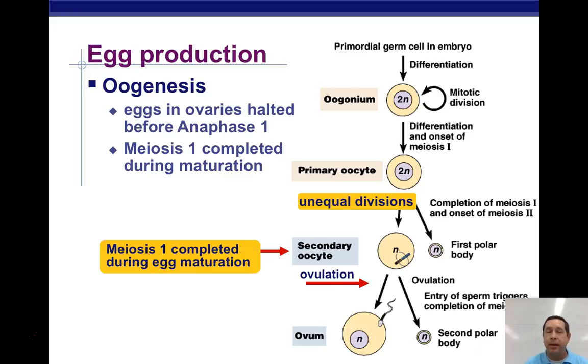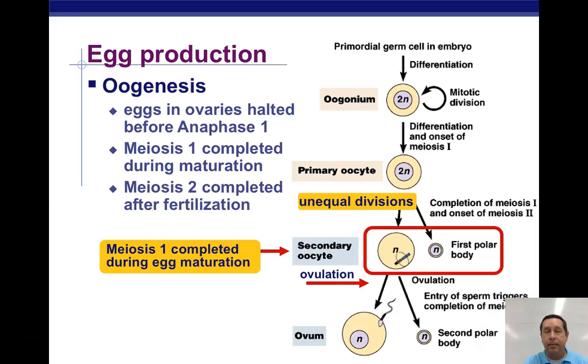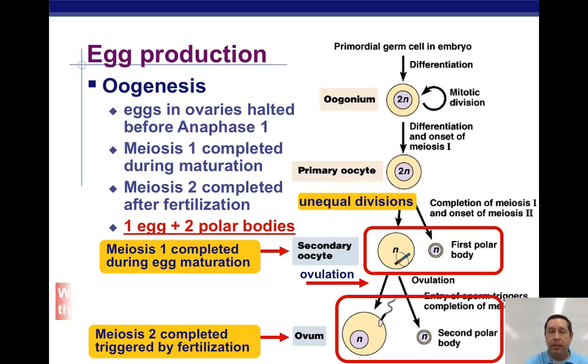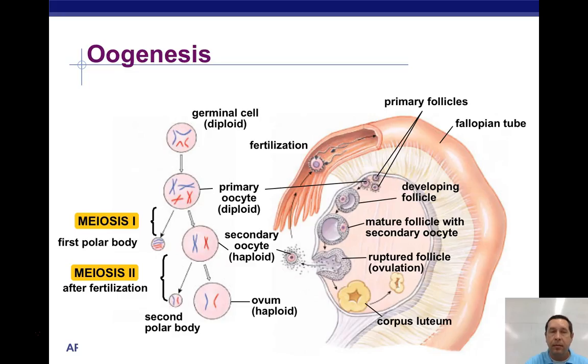At the end of meiosis, you get one egg or ovum and three polar bodies, whereas in sperm you get four spermatids. Meiosis 2 doesn't actually fully finish until the sperm fertilizes the egg, and that triggers the finish of meiosis 2. Here you can see the process and where it happens, and ovulation and fertilization and so on.